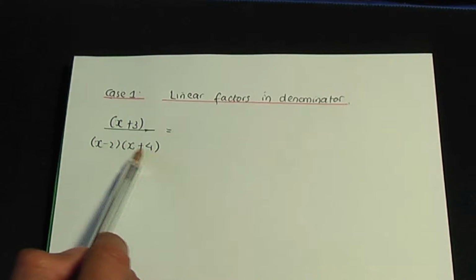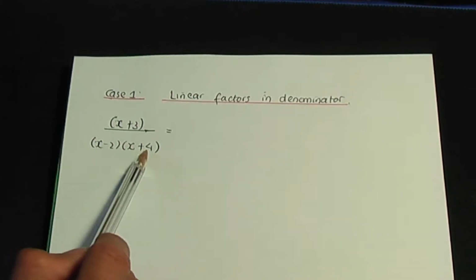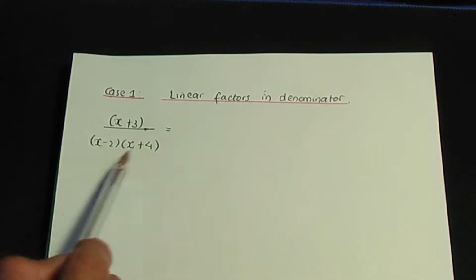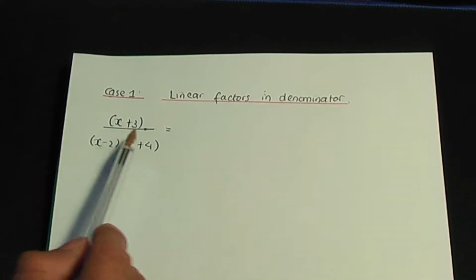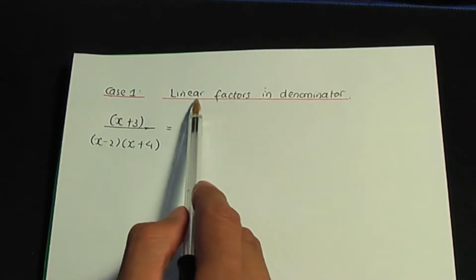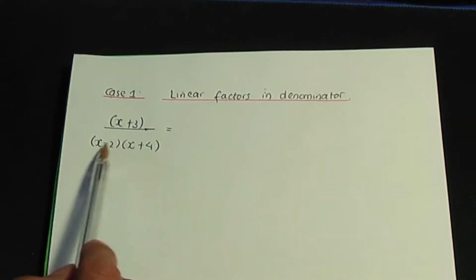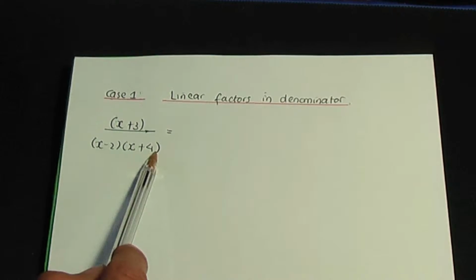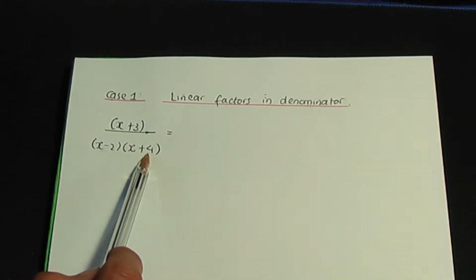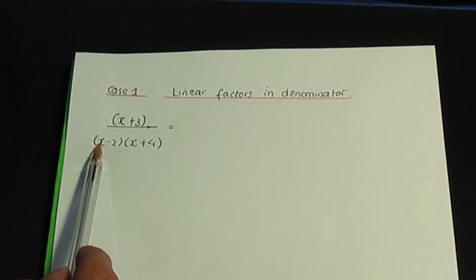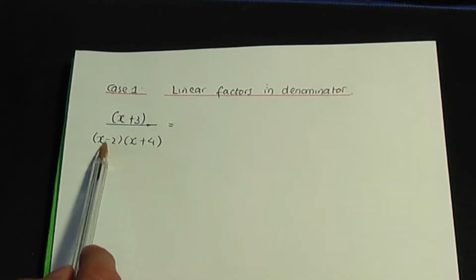The highest power of x in the denominator, when we multiply, is going to be 2. So in this case we have a proper fraction. So going back to case number 1, linear factors in the denominator. In this case I've got 2 linear terms, x minus 2 and x plus 4. The word linear means the highest power of x in that term is 1.